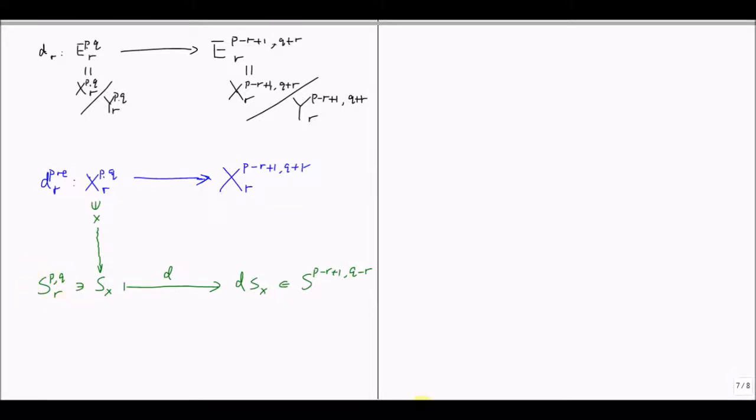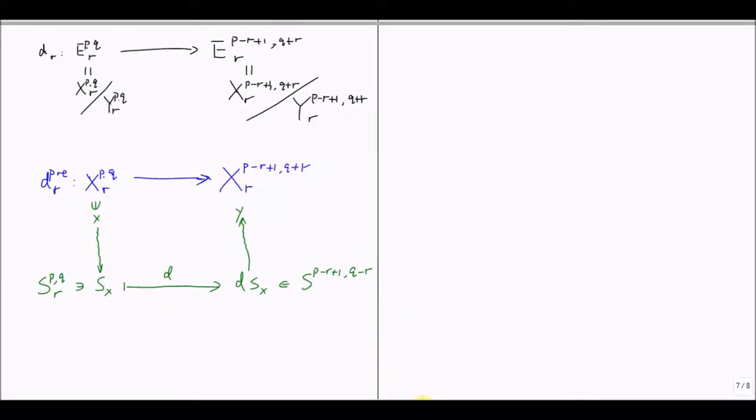Okay, now let's take the leading term of this d s_x, and we will get some element y in here. Sorry, we don't know if y is in here for this moment. We actually want to prove y is really an element in here.